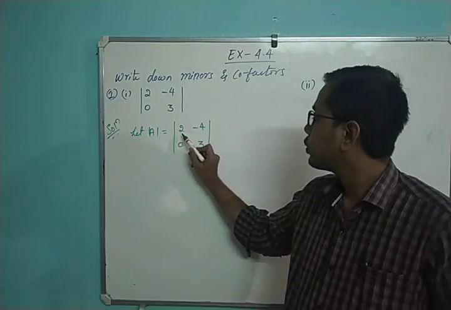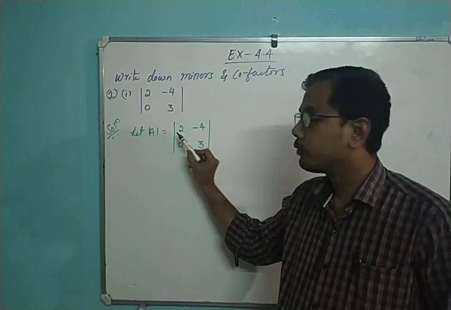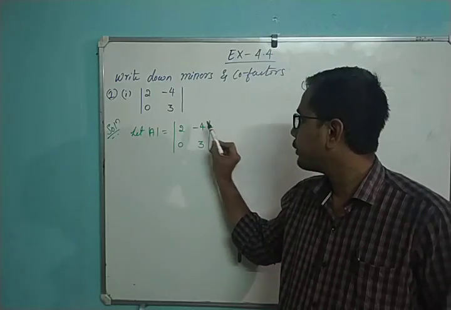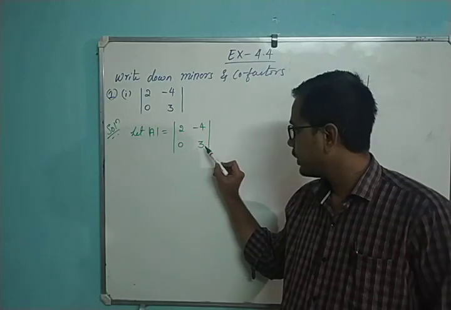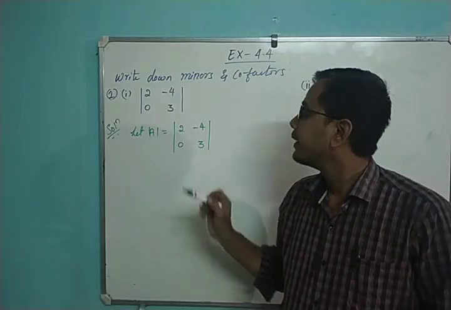For example, to calculate the minor of 2, I should leave the row and column which has 2. 2 is in the first row and first column, so if I leave them I will be left with only 3. The determinant value of 3 will be 3 only.